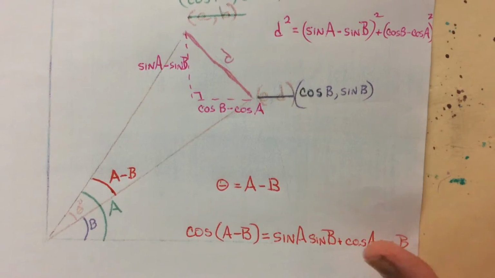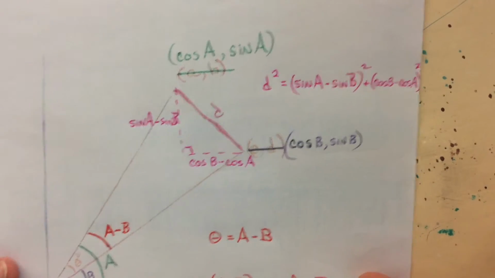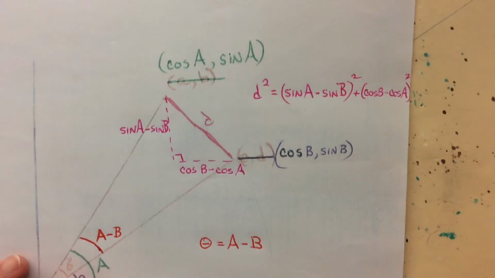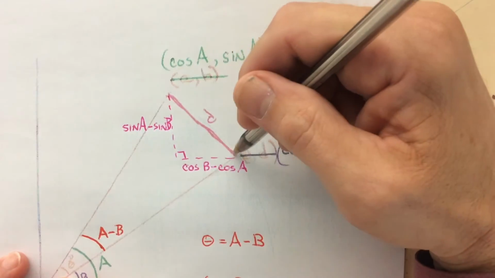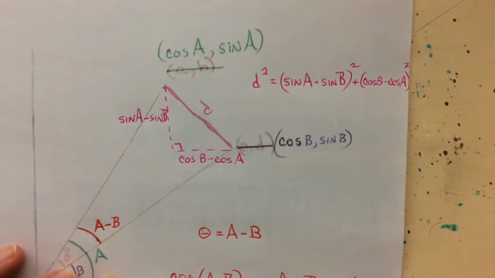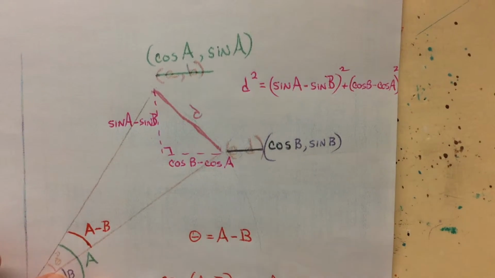So now let's do the same thing we did a moment ago, and that is figure out the length of d when it's hanging out here instead of in standard position.